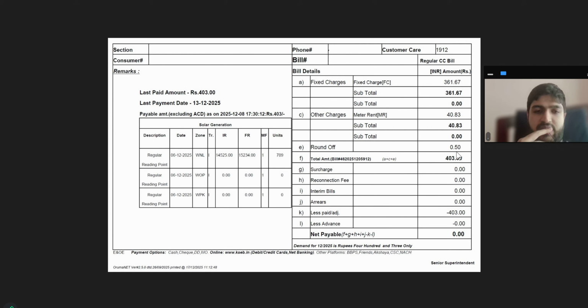You have different payment options: cash, cheque, DDMO, or the KSEB app or website. You can also pay on other platforms like BBPS, Friends, Akshaya, CSC, NACH, etc. So that's the net payable calculation.